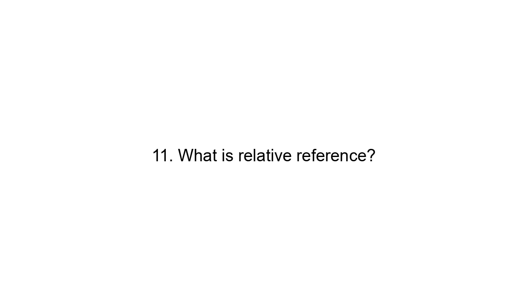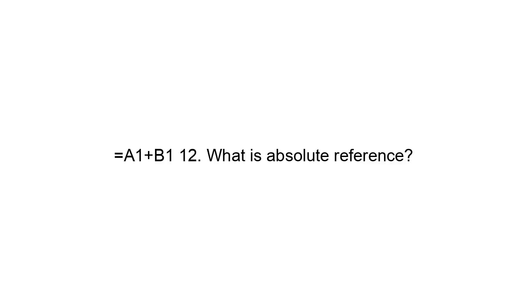11. What is a relative reference? It changes when copied. Example: =A1+B1. 12. What is an absolute reference? A fixed cell reference. Example: $A$1. 13. What is a mixed reference? A partially fixed reference.